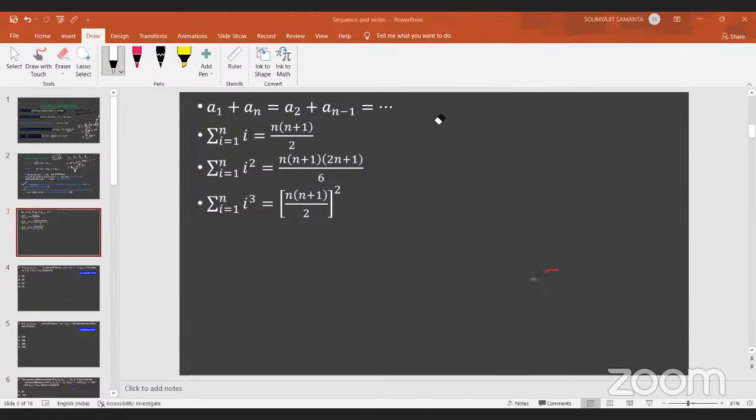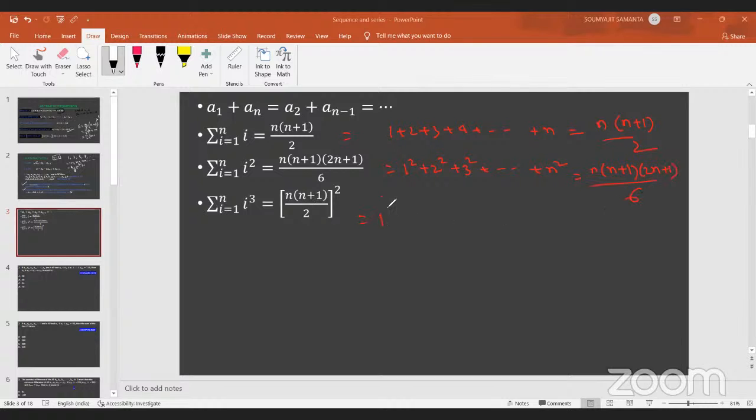Right? This means 1 plus 2 plus 3 plus 4 plus dot dot till n. So this will become n into n plus 1 by 2. This is nothing but 1 square plus 2 square plus 3 square plus dot dot till n square. This will become n into n plus 1 into 2n plus 1 by 6.